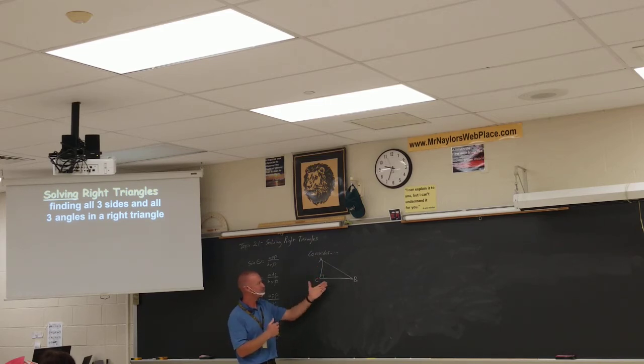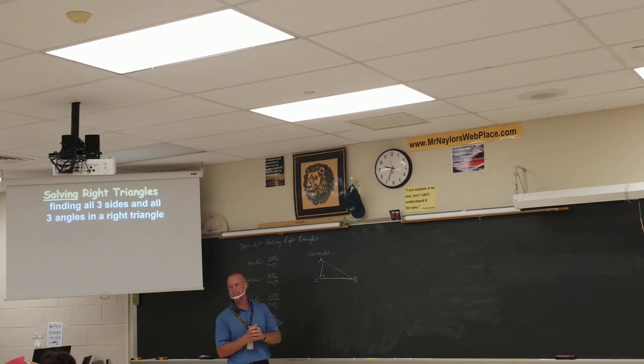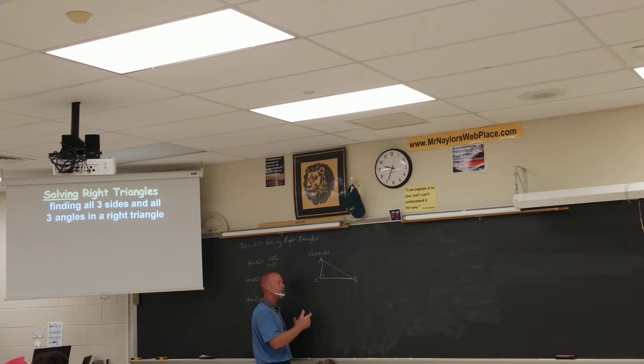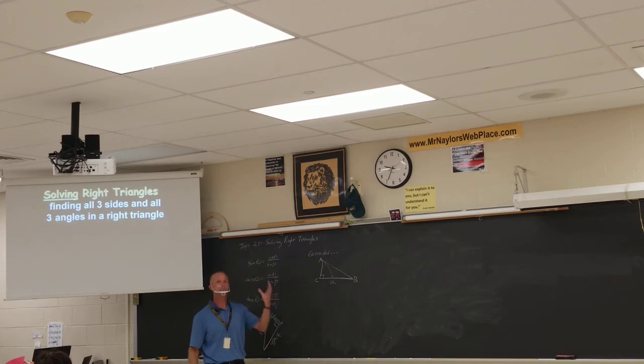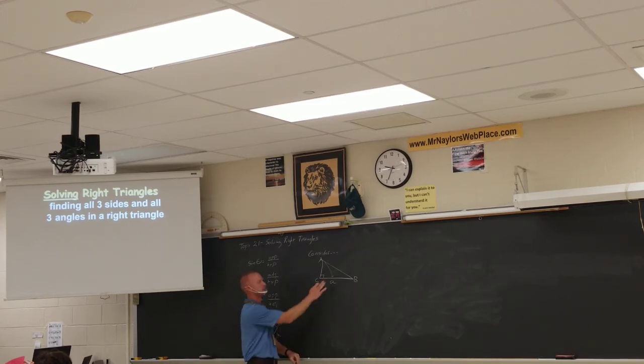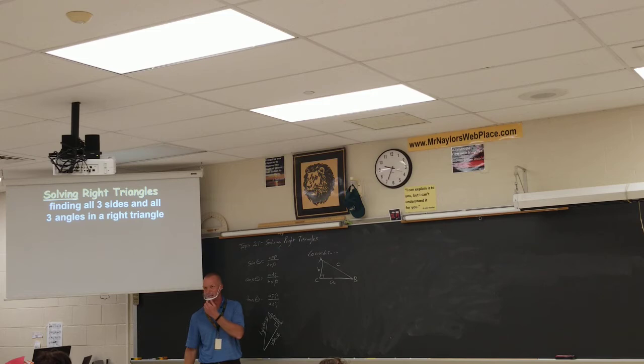So capital letters A, B, C refer to the angles. The lowercase letters are always connected to the angles. So since angle A is right here, side a is across from it, this would be lowercase b, and then lowercase c. Again, same way you would have talked about a polygon in a geometry class.